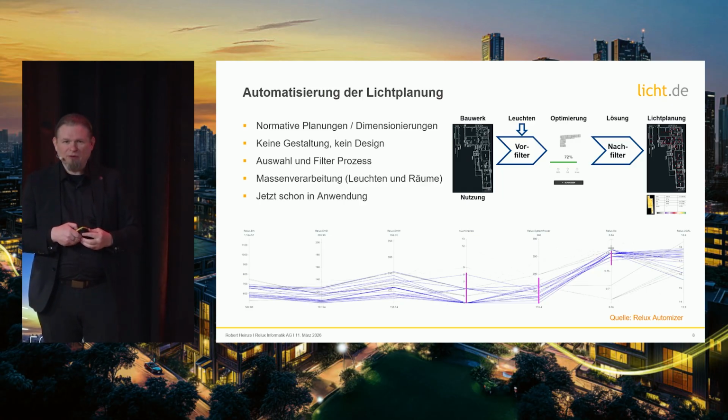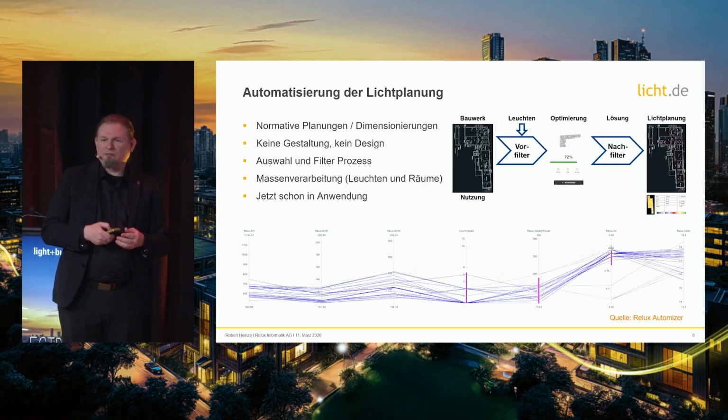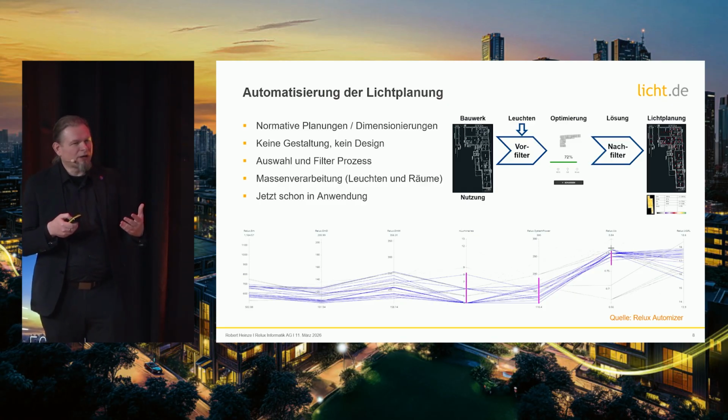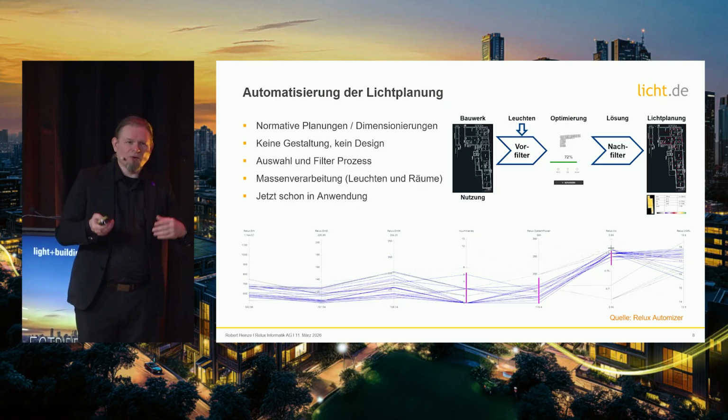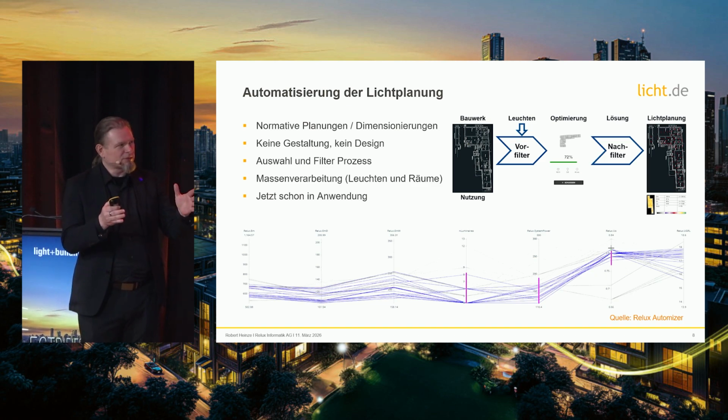The next thing is called a pre-filter. So the data have to be allocated to luminaires. If you have unlimited computing power, you can take a look at all the luminaires there are. Relux net has 1 million luminaires in its database, but that would be too much. So we have a pre-filter where you can filter between 20 and 200 luminaires, depending on profile.